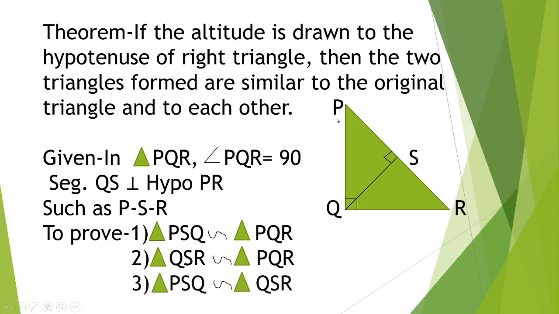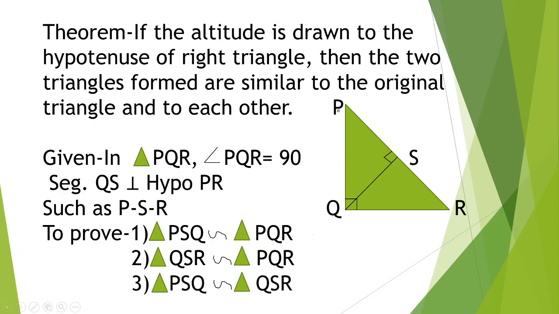Again see the diagram carefully. PQR is our original triangle. So I am taking the original triangle PQR and this triangle PSQ. In both triangles you can see in PSQ angle P and in PQR angle P, both are a common angle.